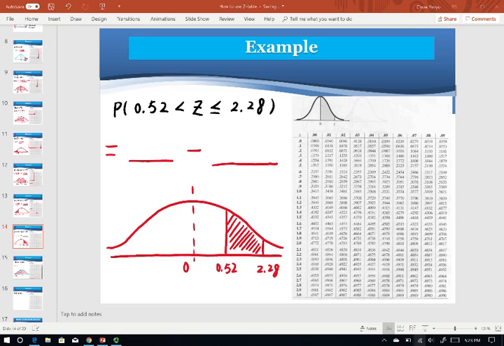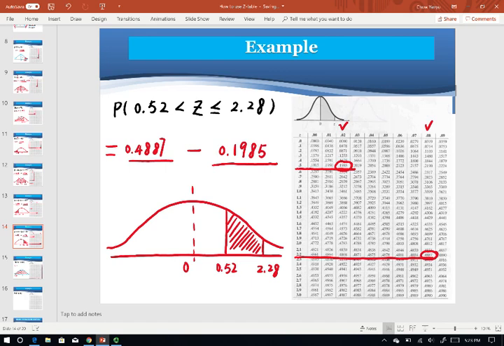The bigger one is 2.28, so the crossing is the table value 0.4887, minus the probability according to 0.52. The crossing is here, 0.1985. And you can calculate the result.